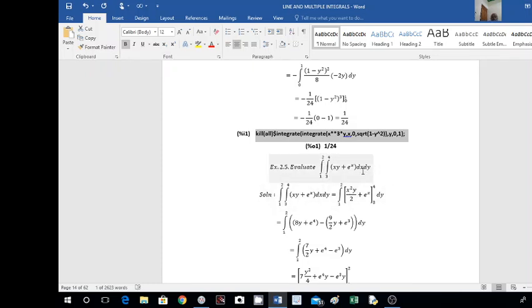First integrating with respect to x here, y constant as it is, integration of x is x square by 2 plus e raised to x, integration of e raised to x is e raised to x itself, okay, but this is between 3 and 4 into dy.